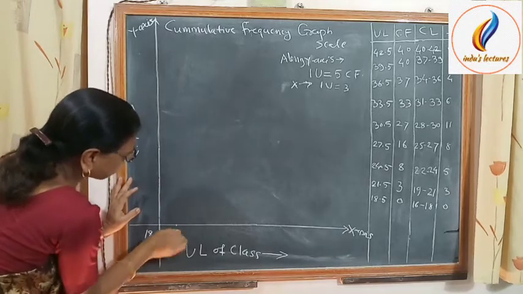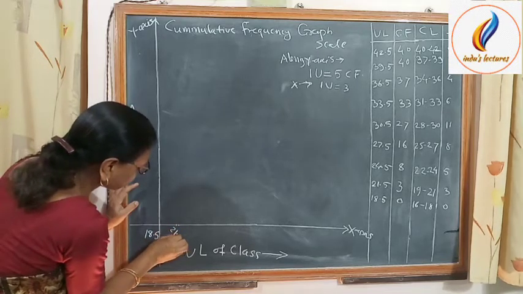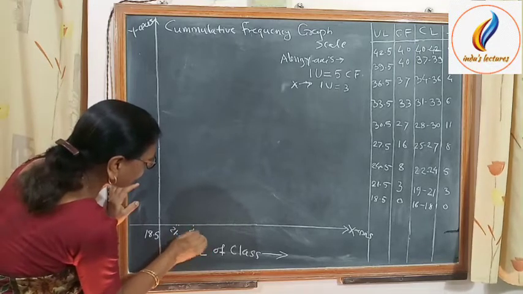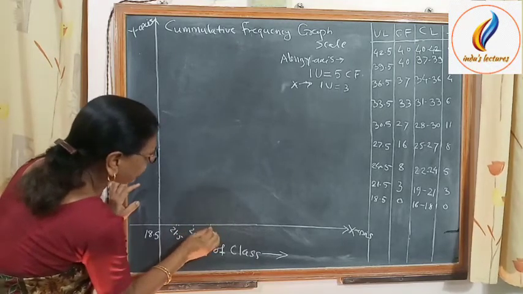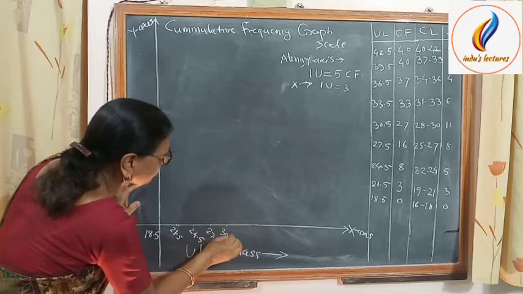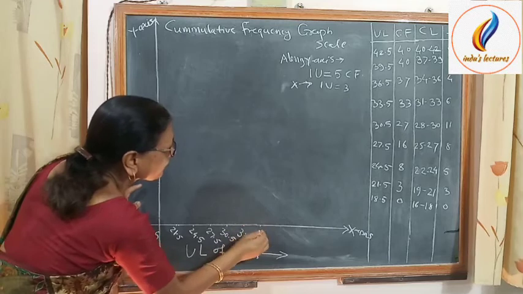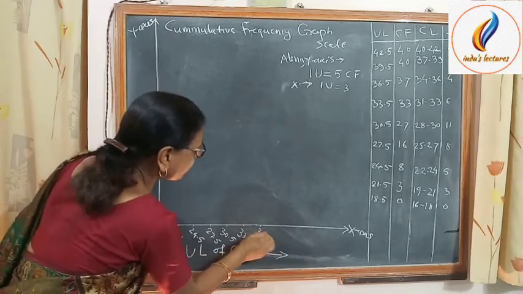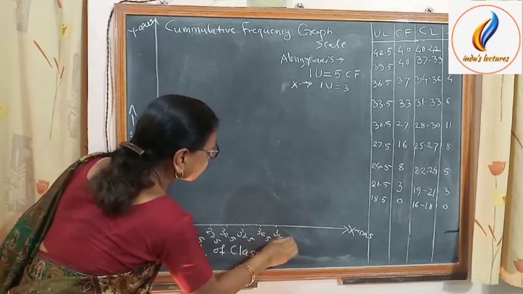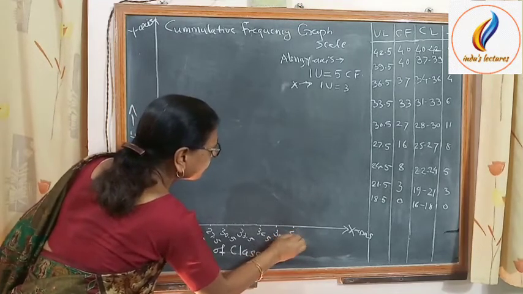Then the next one is 21.5, then 24.5, next is 27.5, then 30.5, next is 33.5, 36.5, then 39.5, and last is 42.5.